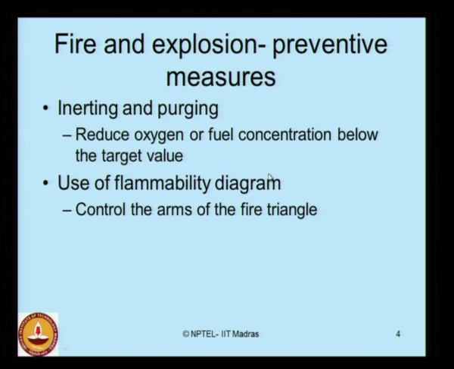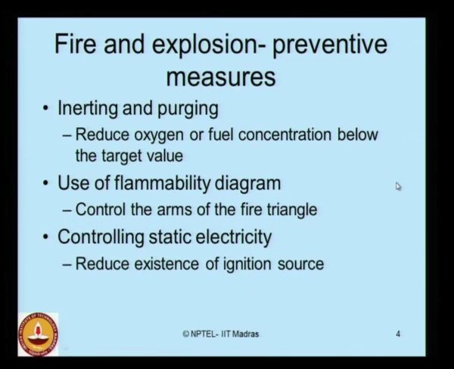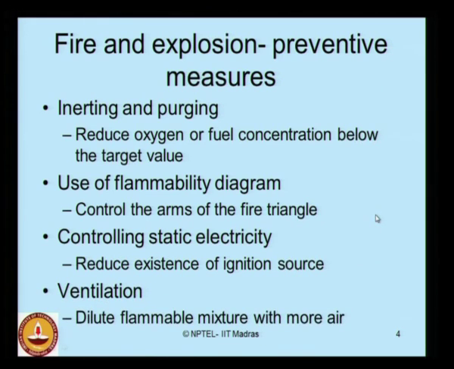You can control the arms of the fire triangle to prevent fire and explosion. You can also control the static electricity present in the system, and reduce the existence of the ignition source in the process system. You can also design a very good ventilation system. This will dilute the flammable mixture with more air.